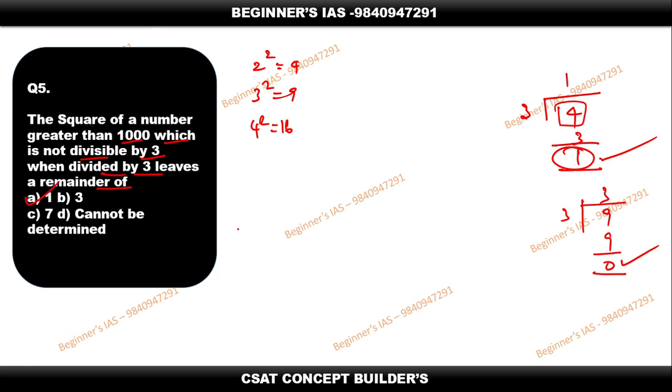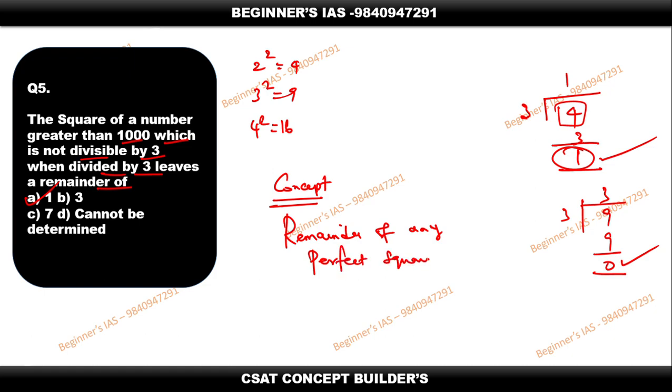Whatever the number, square numbers, whether it is greater than 1000 or greater than 10,000 or lakhs, whatever, apply this logic. I am giving you a concept here. Take that concept: the remainder of any perfect square number when divided by 3 is either 0 or 1.